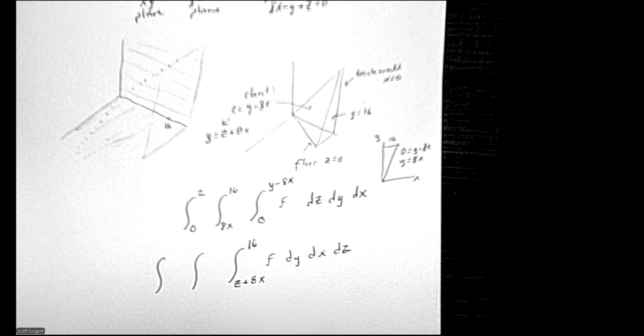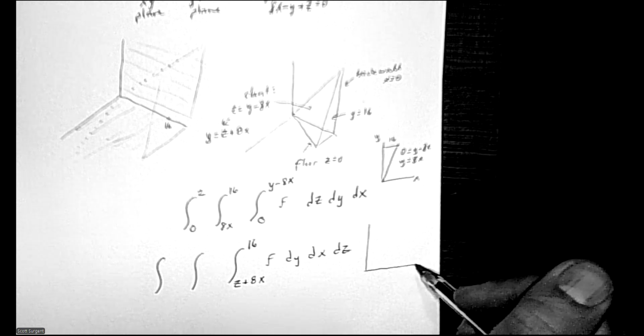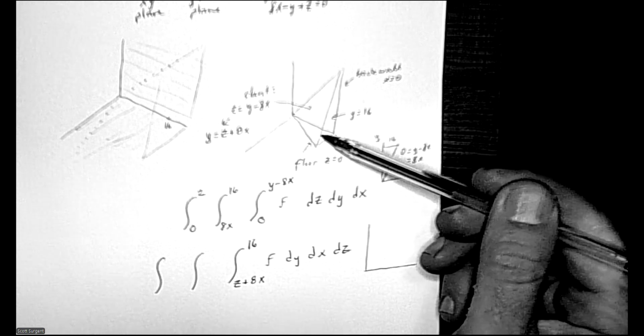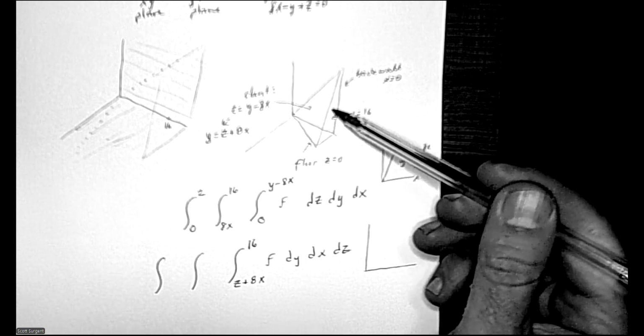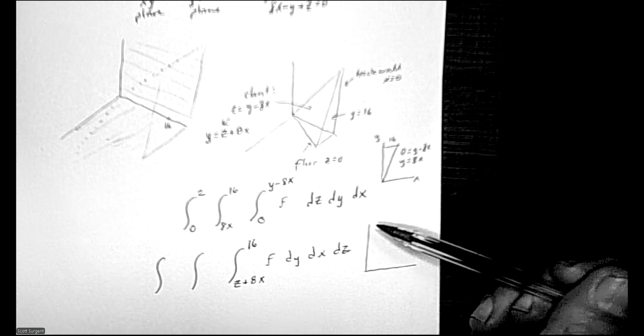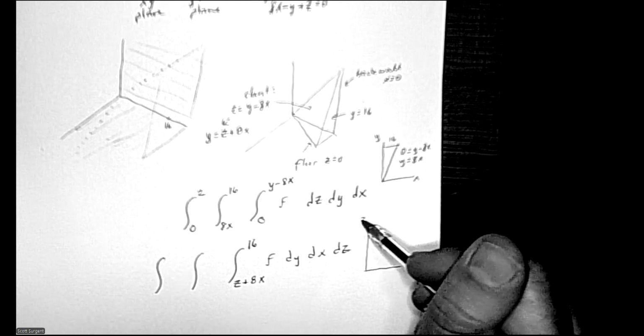That would be my entry bound. And now that I'm done with y, what I need to do is essentially ignore the y dimension. This region back here is still in play, and I'm going to draw it on the xz plane.